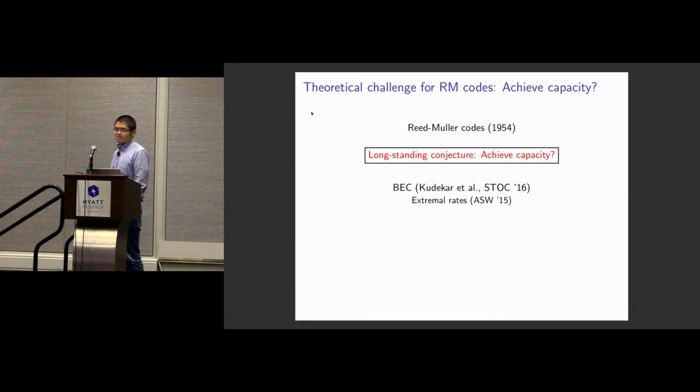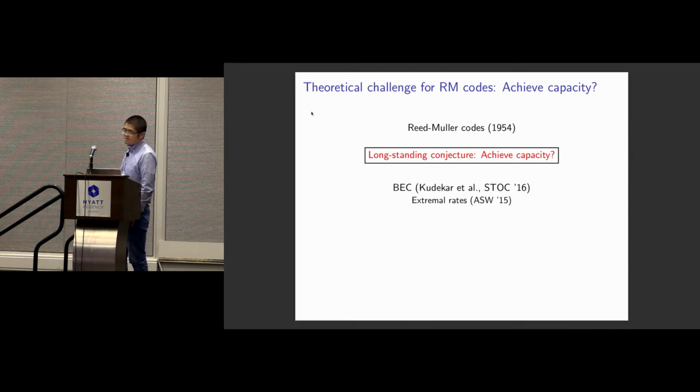More precisely, in 2016, Kudekar and co-authors proved that Reed-Muller codes achieve capacity over erasure channels. Let's say you transmit a sequence of bits through the channel, and the channel just independently erases every bit with a certain probability. For such a channel, which is arguably the simplest channel that we can have, Kudekar and co-authors showed that Reed-Muller codes do achieve capacity over it.